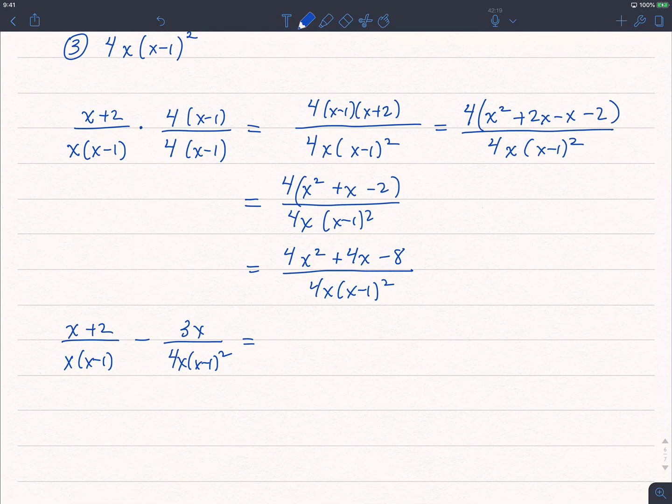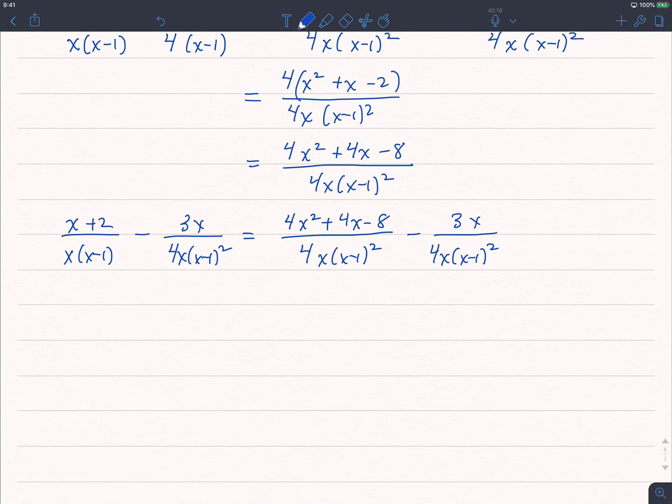Okay, so we changed the first fraction by multiplying it by 1, and the new first fraction is this. And we left the second fraction alone.